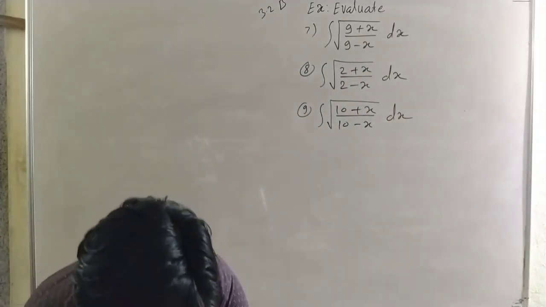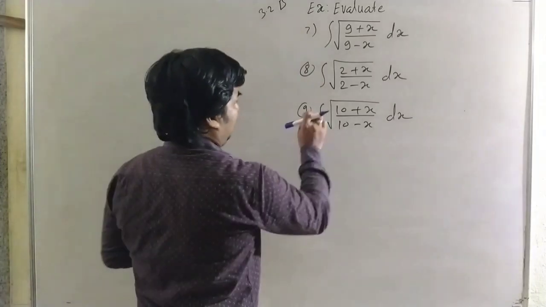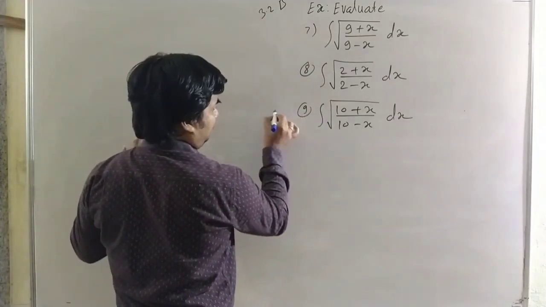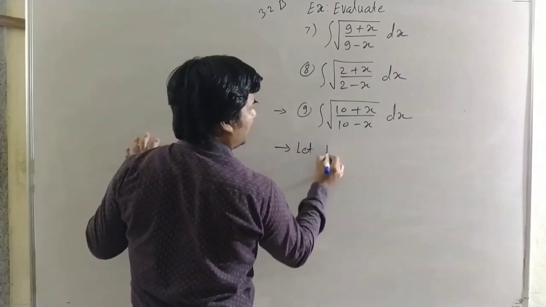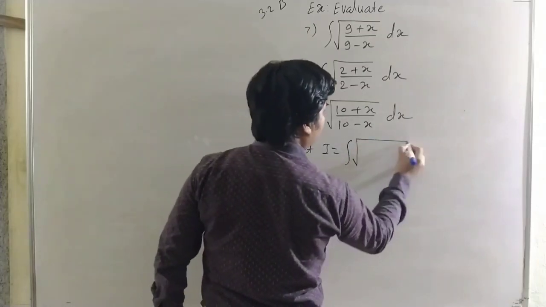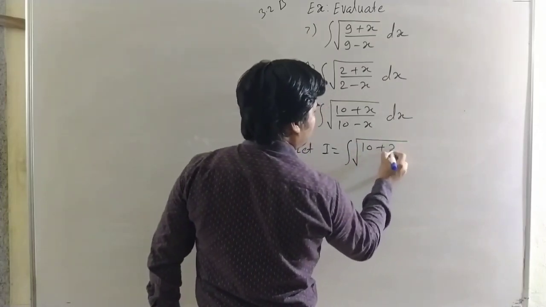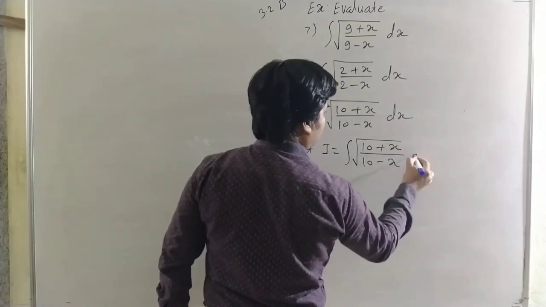The process is the same as the last example. Here we can solve the ninth example. Let the integral be equal to under root of 10 plus x upon 10 minus x dx.